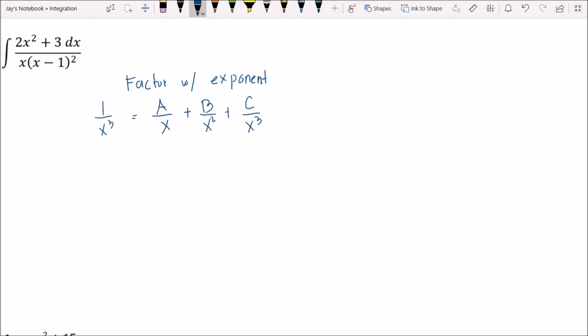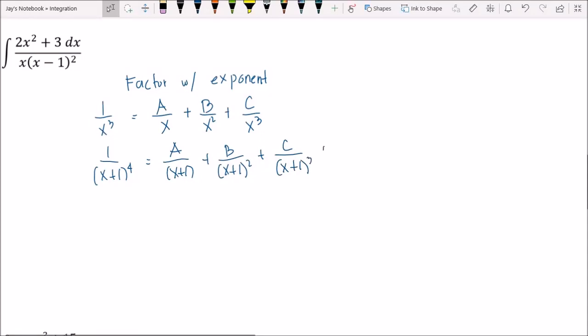For the other one, we have 1 over (x plus 1) to the 4th. Then we can decompose this into A over x plus 1, plus B over (x plus 1) squared, plus C over (x plus 1) cubed, and lastly plus D over (x plus 1) raised to the 4th.